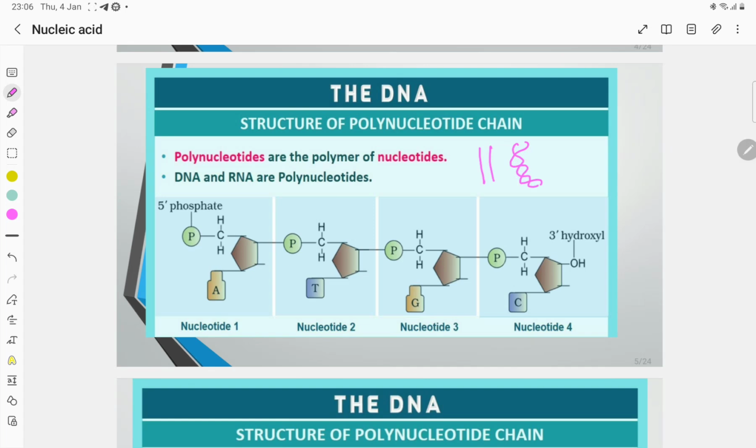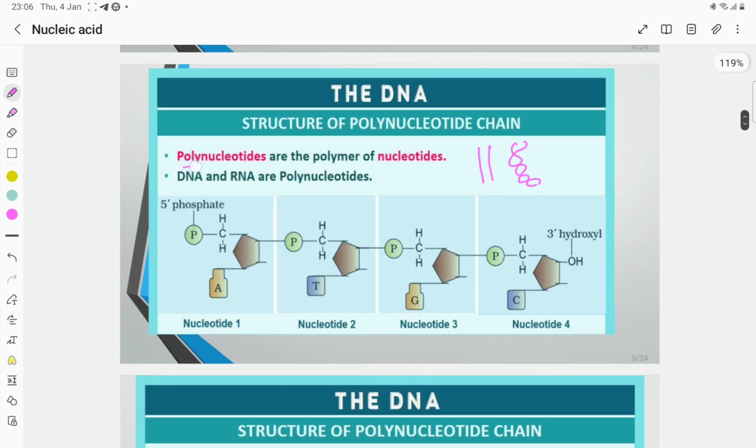DNA is a polynucleotide, a polymer of nucleotides. That means DNA is made of many nucleotides, and that is called a polynucleotide. Like nucleotide 1, nucleotide 2, nucleotide 3, nucleotide 4, they combine to form a thing like a garland.